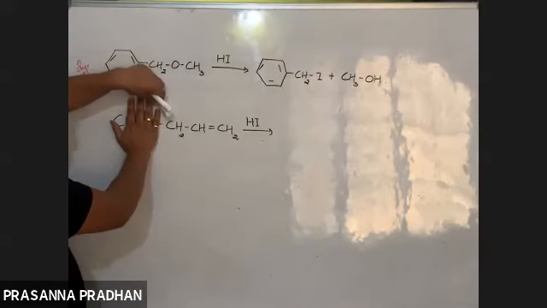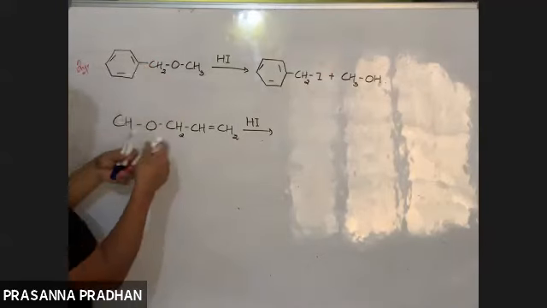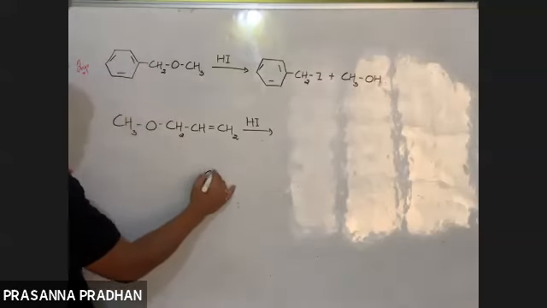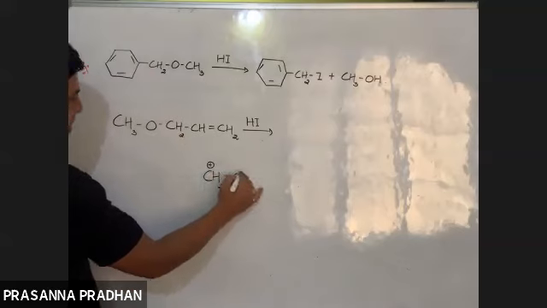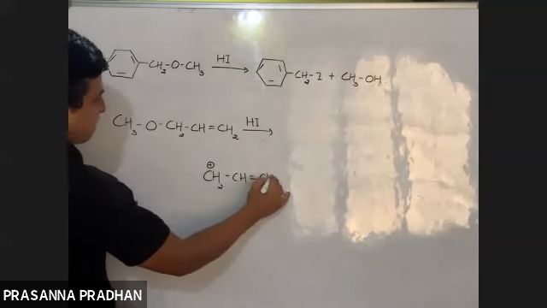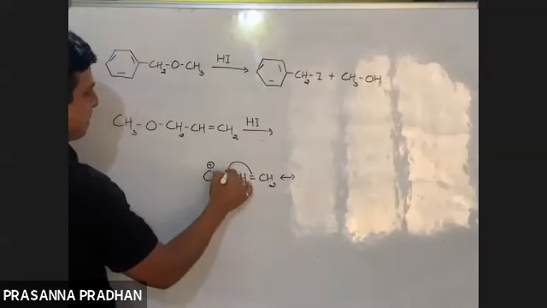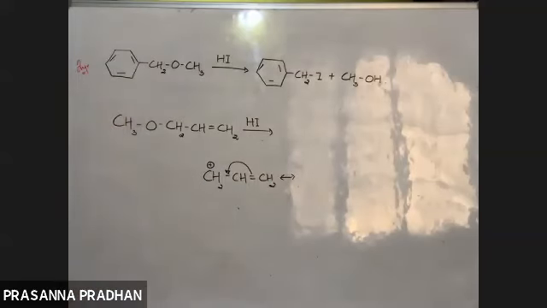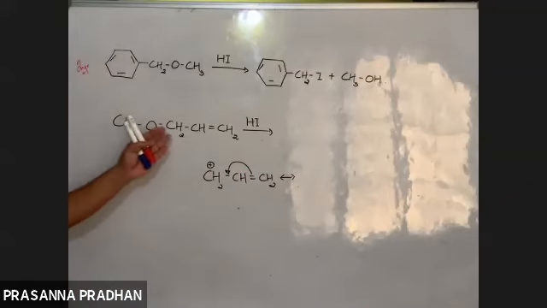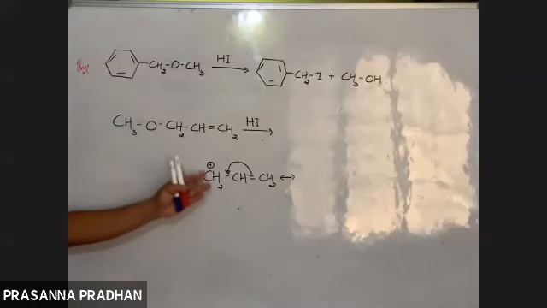If this allyl carbocation is formed, then it is again very stable. Why? Again, it is stabilized by resonance like this. If the reaction occurs by SN1 mechanism, then this carbocation will be very stable as it is stabilized by resonance.